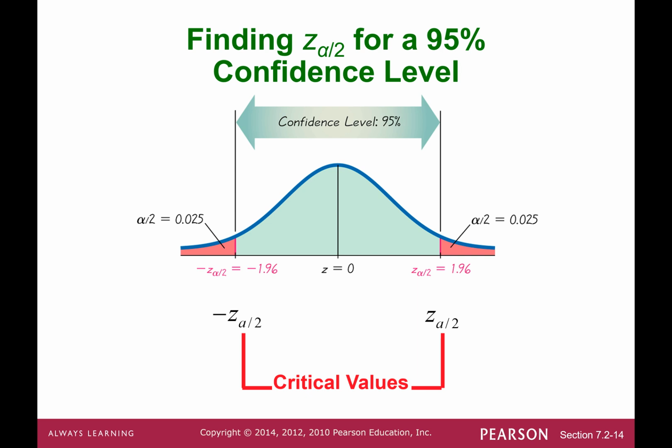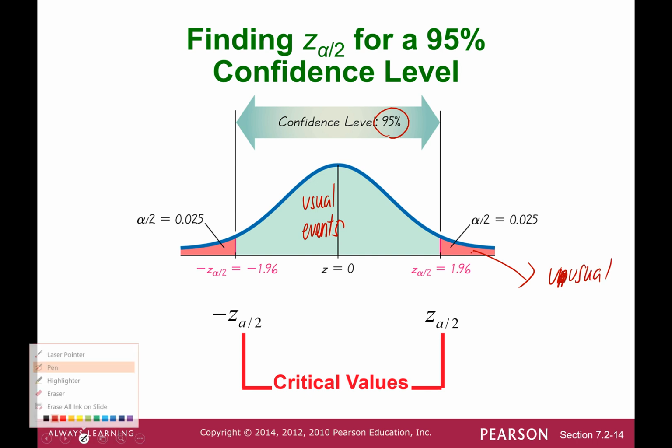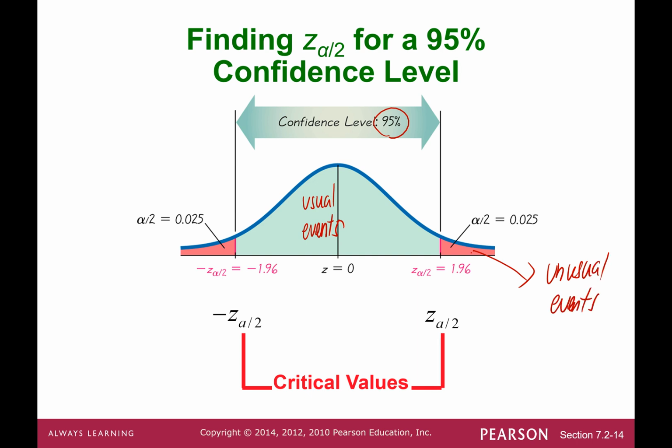Now, with a confidence level of 95% in the middle, that gives us usual events, and unusual events occur on both tails, the right tail and the left tail.